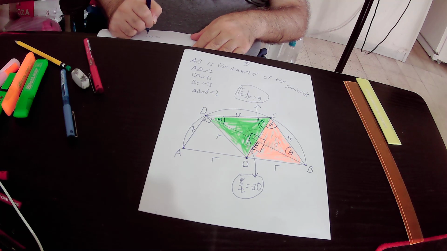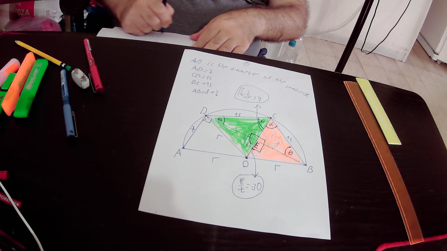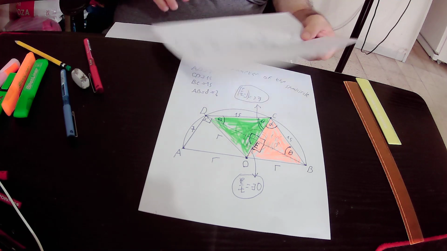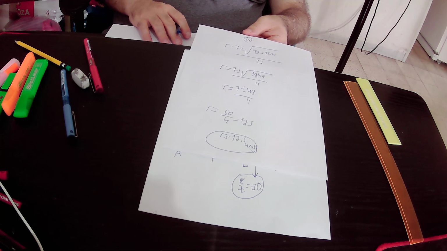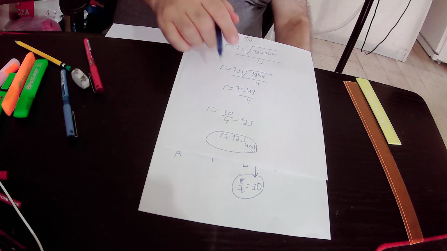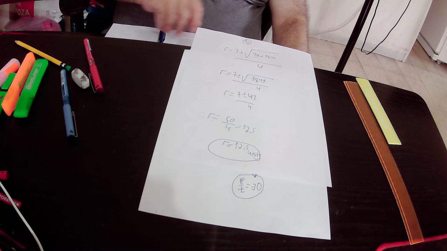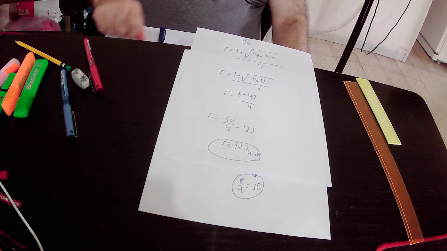The radius of the semicircle is 12.5 units. Again, r equals 50 over 4, which is 12.5, so the radius of the semicircle equals 12.5 units.